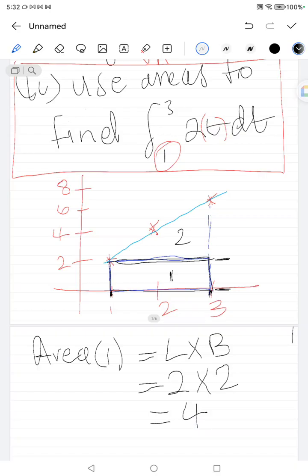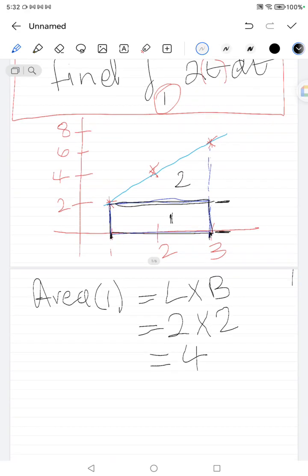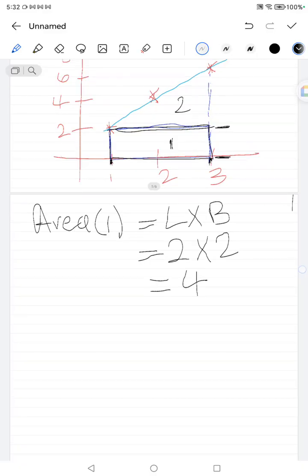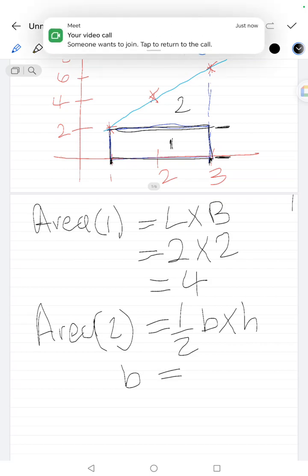Then now we go to the top part. Okay, the area for number 2 is half base times height. Then what is our base?